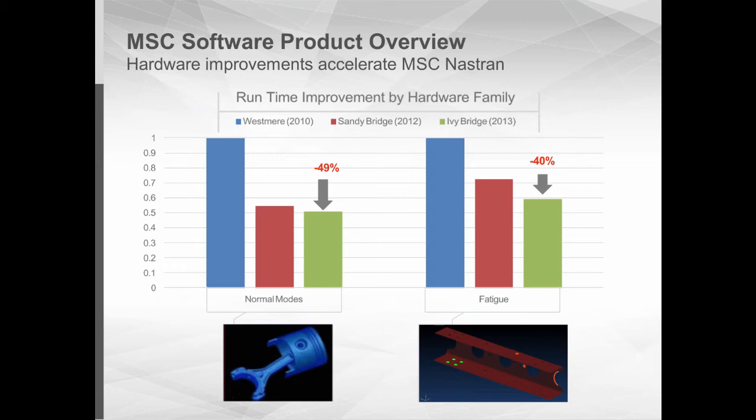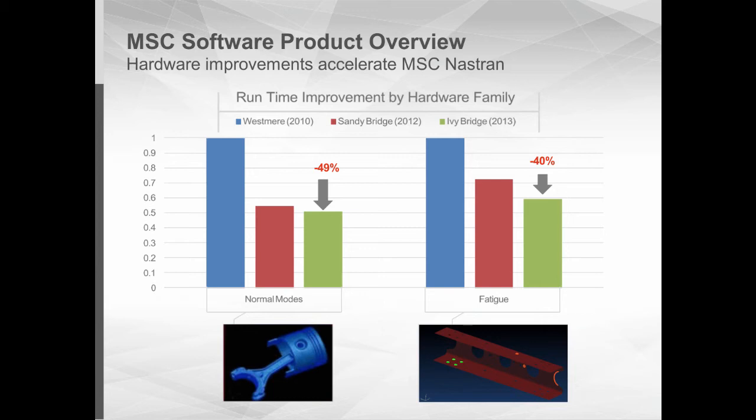On the left, we have a normal modes job where a user can expect a 49% improvement in performance from going to the newest Ivy Bridge hardware that we have on this graph. You can see that for a user that has a Westmere, upgrading to the Ivy Bridge, and of course if we had the Haswell, we would even see an additional benefit. We get a significant reduction in overall run time.